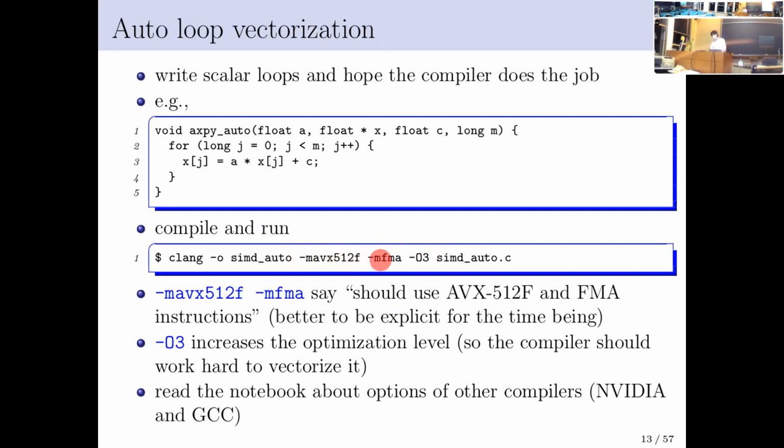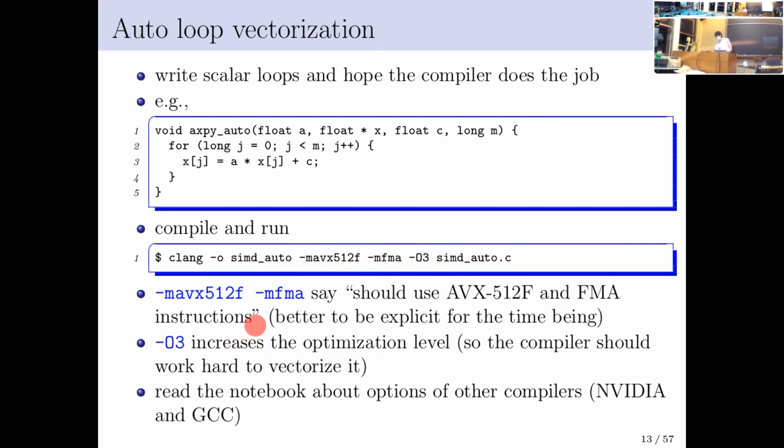But for the time being, you need to explicitly say you want to use these instructions, AVX-512F and FMA, fused multiply-add instructions. And -O3 is the optimization option that increases the optimization level, so that the compiler works hard to vectorize it.